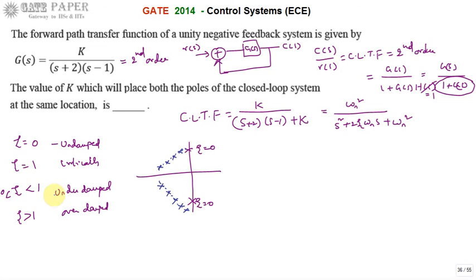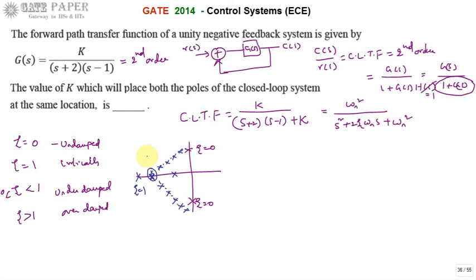Next, if zeta is equal to 1, the pole locations move to a double pole. A double pole is nothing but both the poles having the same location. When zeta is greater than 1, the poles move, one towards the left side and the other towards the right side. These are the pole locations for a standard second order system.